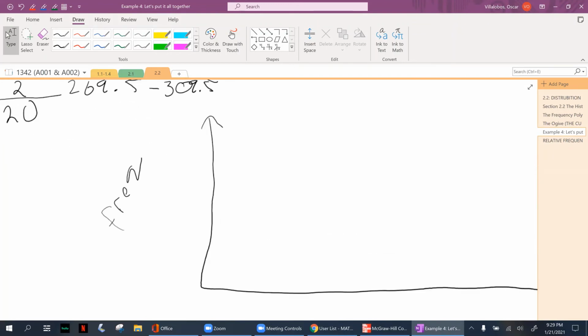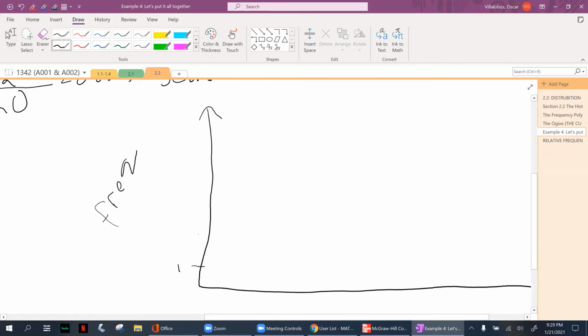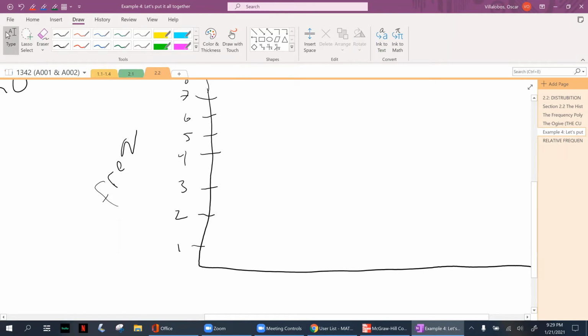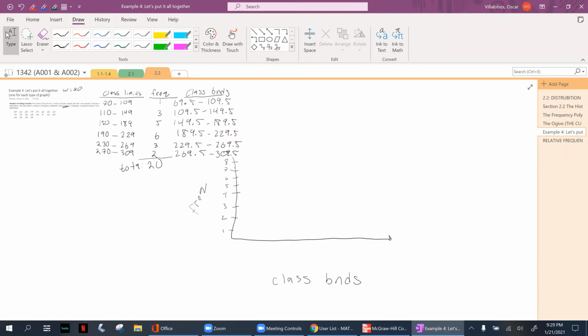So let's just say 8, let's keep it simple: 1, 2, 3, 4, 5, 6, 7, 8. And we said that each one of these bars was going to represent a class. So this class here would be 69.5 to 109.5 and so forth. So there should be 6 ticks for 6 classes.